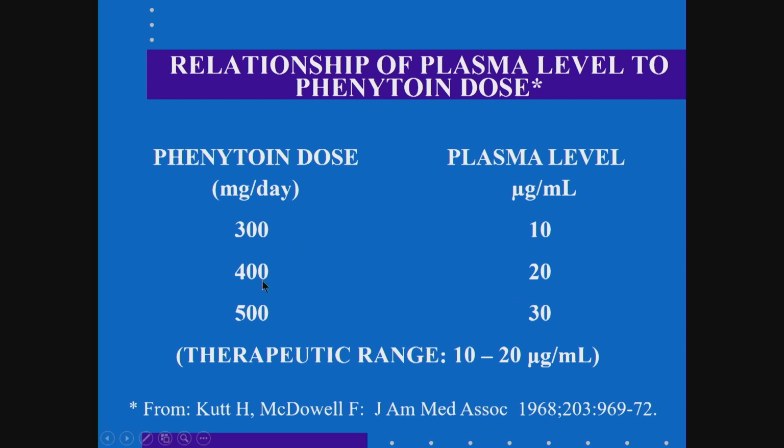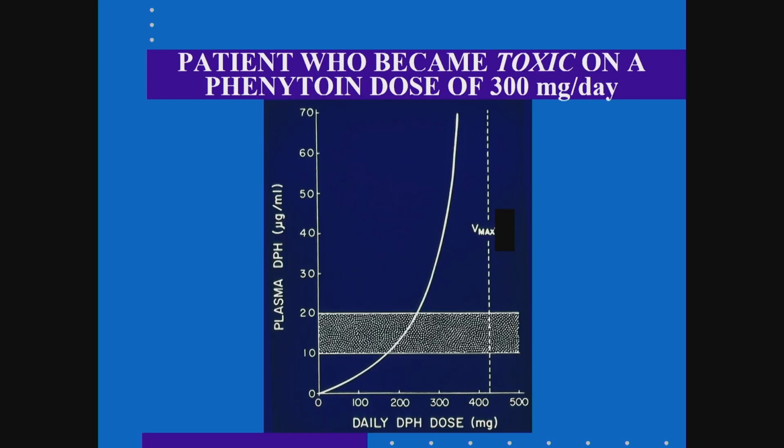We go up to 400 milligrams and the concentration already doubles. We go to 500 milligrams per day, we have triple the concentration of phenytoin. So we do not have dose proportionality with drugs that follow Michaelis-Menten kinetics of elimination.